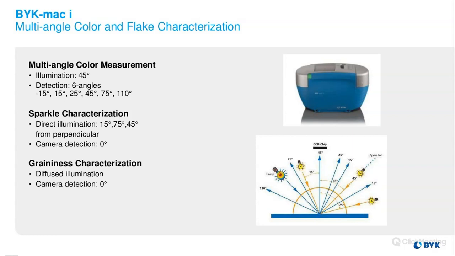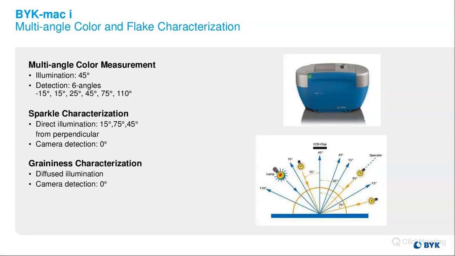Hi, Noah. On that same point, can you explain why the 45-0 angle on a BYK-mac will never correlate to the 45-0 Spectro 2 guide? Yeah, because of the way the geometry works inside the machine for the Spectro 2 guide, that 45-degree angle is having direct light emitted onto it from all the way around.